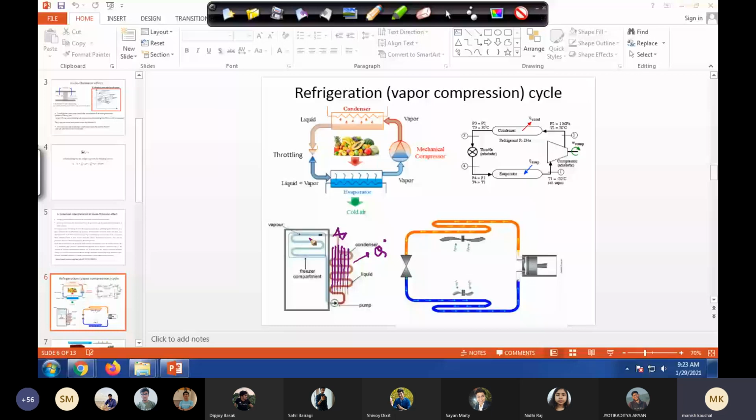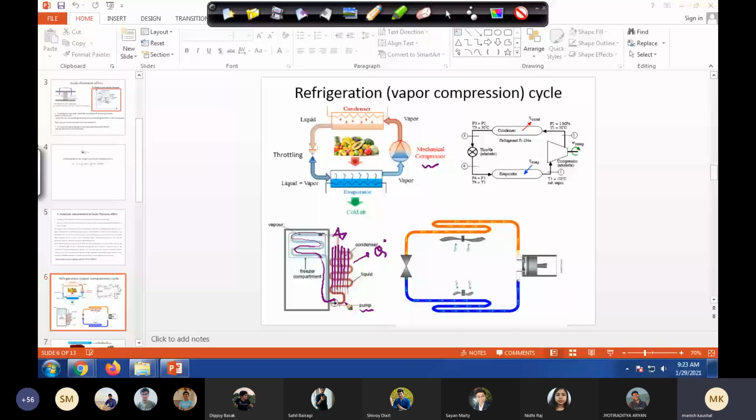That's where you keep your food items. Since this is a cooled gas, it will take heat from those food items. Once it takes heat, more and more liquid will go to the vapor form, and then this liquid vapor mixture goes to a compressor. Pump is not a correct word. We should say compressor, because the real fluid is a mixture of gas and liquid. Okay, so that's how this refrigeration system works.